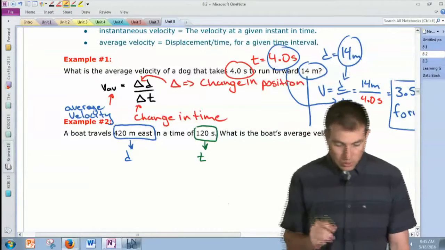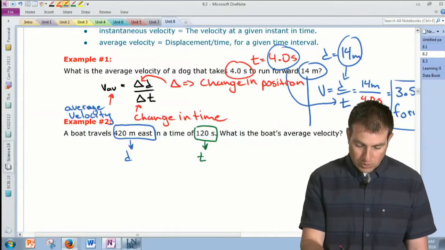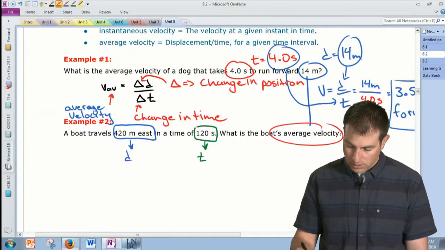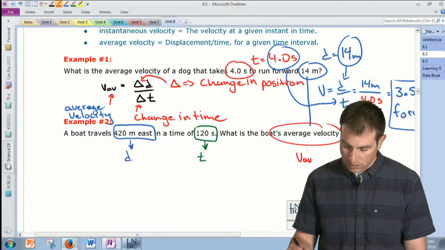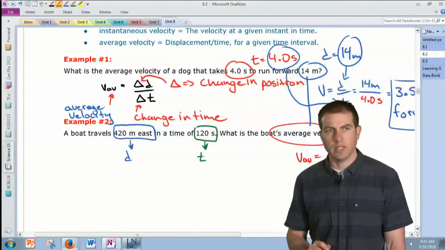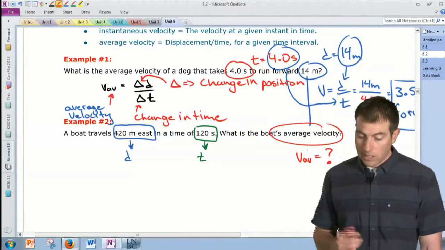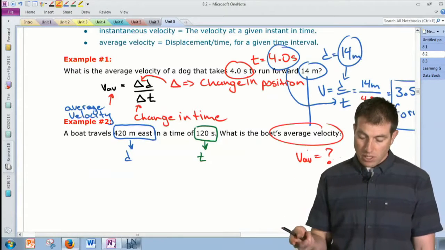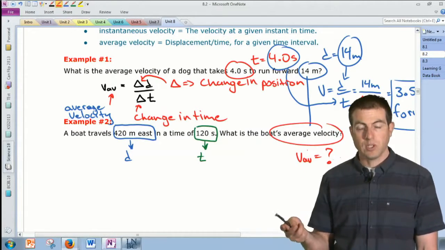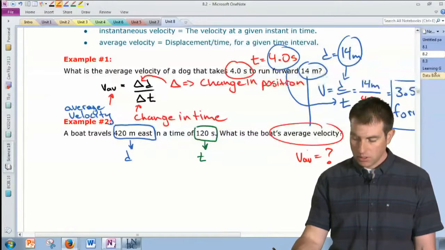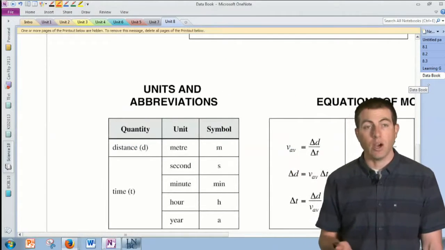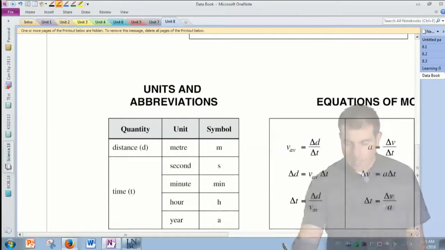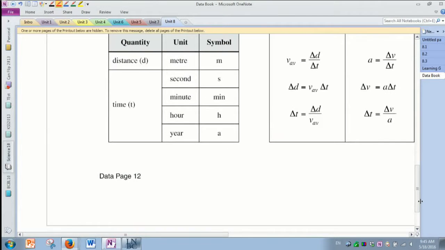All right. The question asks us to find the boat's average velocity. So this is V average, and I don't know what it is. I'm going to try to find it. At a basic level, you're trying to find average velocity, and you're given distance and time. You can jump to your formula sheet and ask, are there any equations here that have average velocity, distance, and time in them?